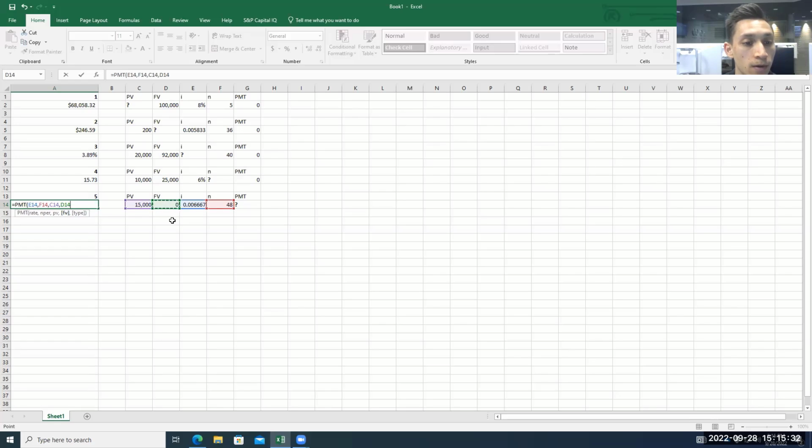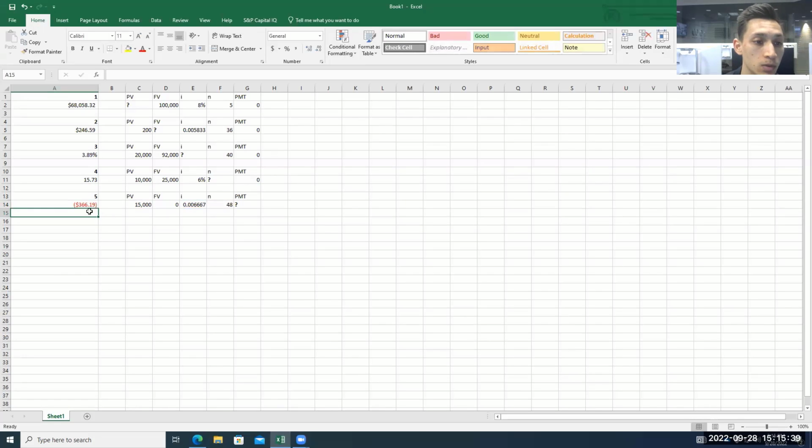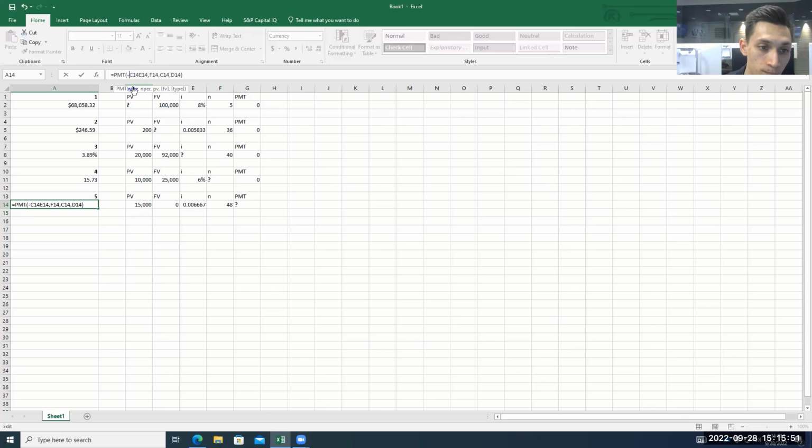And the type is still, we're just not messing with it right now. So we go and press enter. And it will return that negative. We can go ahead and put it on the present value amount, and it will return it as positive.